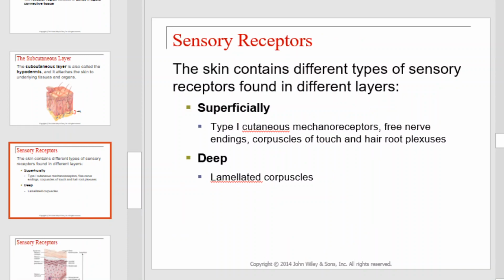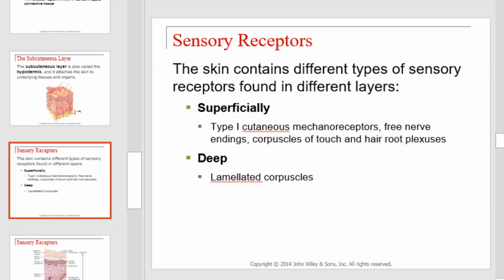Skin receptors. The skin receptors can be placed superficially or deep. The skin contains different types of sensory receptors. The superficial receptors are referred to as type 1 cutaneous mechanoreceptors, free nerve endings, corpuscles of touch, and hair root plexuses.